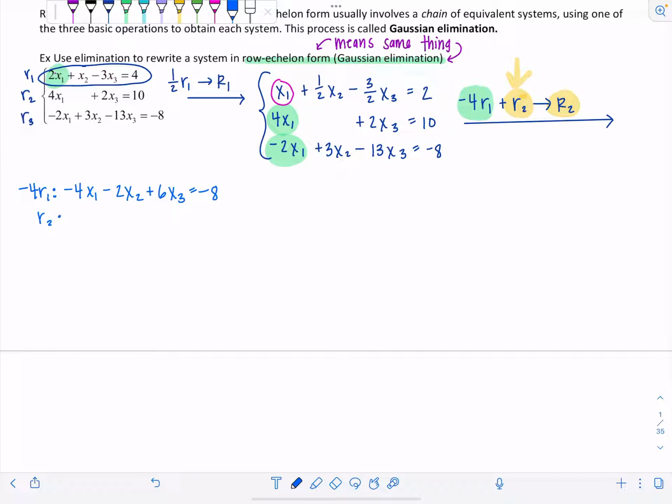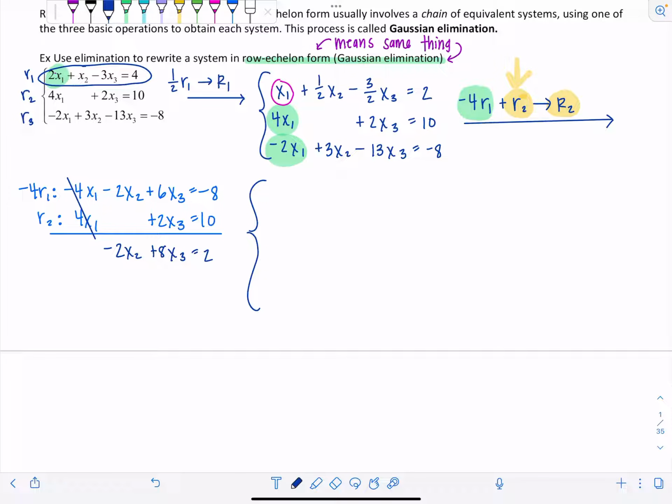And then row 2 is here, 4x1 plus 2x3 equals 10. So let's add them together. And I'll just write the result here. This is my new row 2. So notice these will cancel. I'll just have negative 2x2 plus 8x3 equals 2.